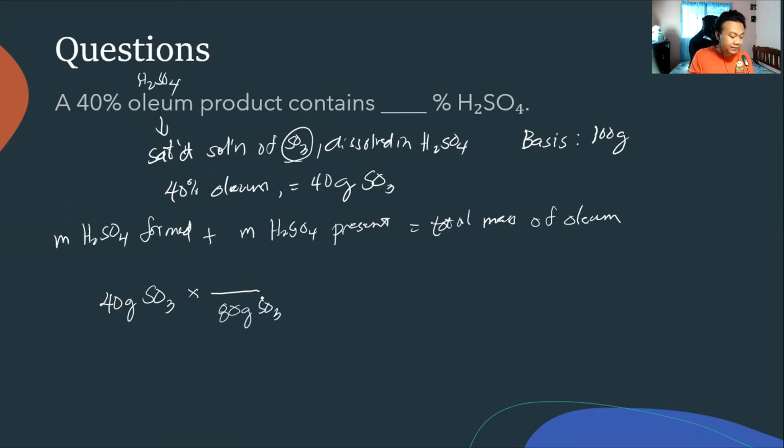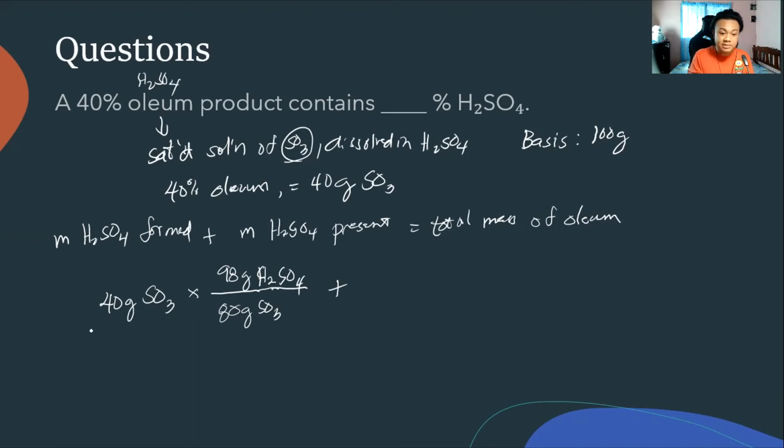That's 80 actually. And then we have the molar mass of sulfuric acid, which is 98, diba? 98 to SO4 plus the H₂SO₄ already present, diba?